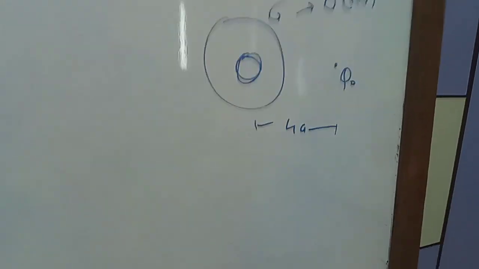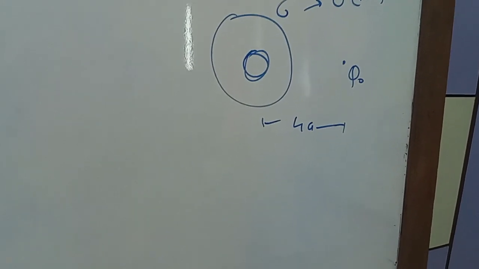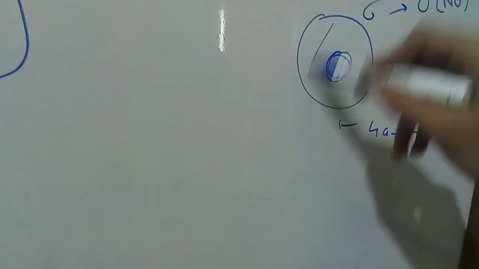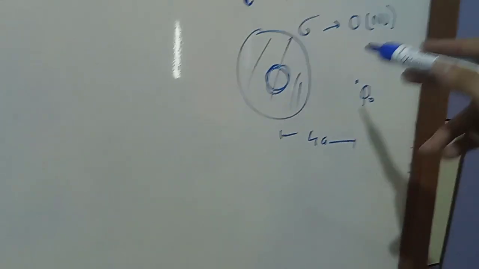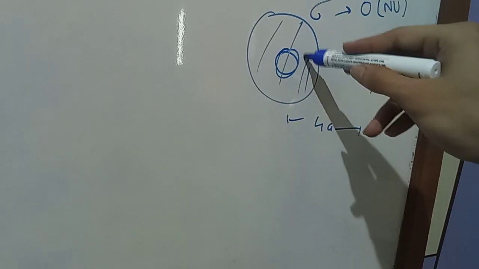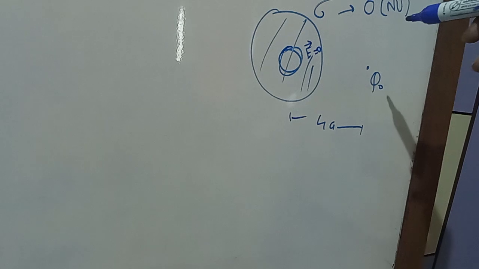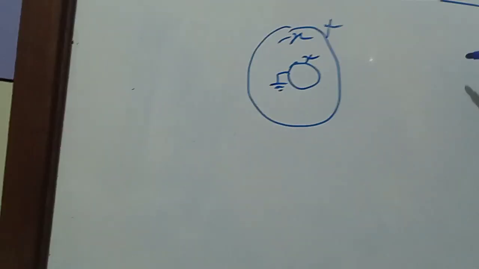Now here the idea is that we can just assume a metal hole here, and the charge will arrange in such a way that the field inside will be 0, obviously.